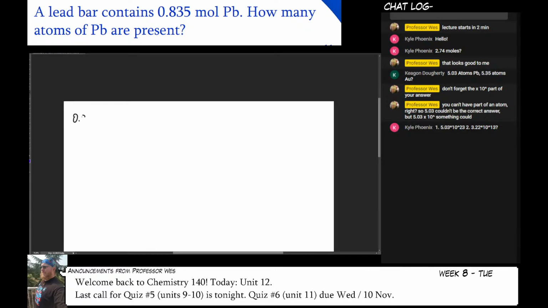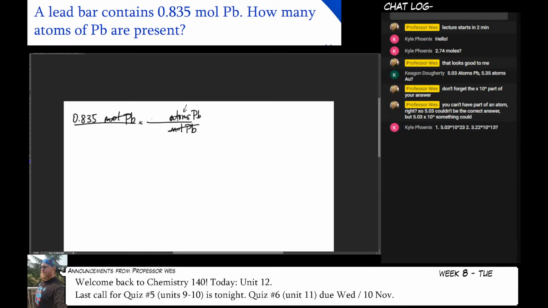I have this many moles of lead. And I want to turn that into atoms, so I'm going to put moles in the bottom to cancel it. And I'm not going to put moles on the top also. I'm thinking of later calculations here. Atoms of lead. There we go. Where does Avogadro's number go? It goes next to the thing we're counting.